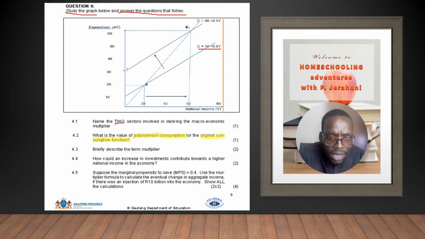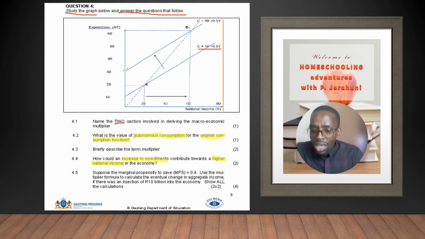We are saying an increase in investments resulting in a higher national income. What we now know is that when there is an increase in investment in the economy, it results in an increase in production.